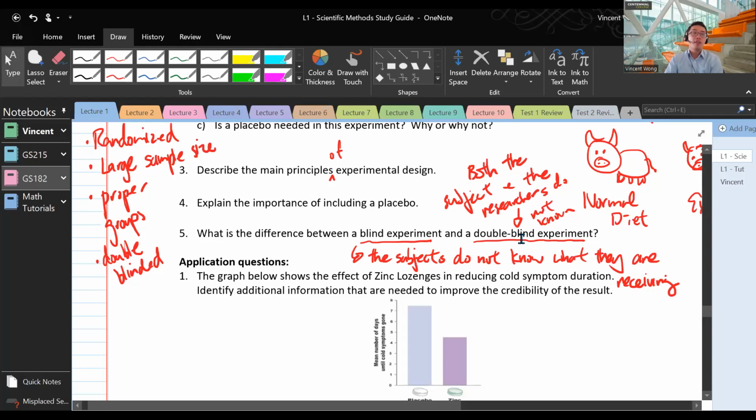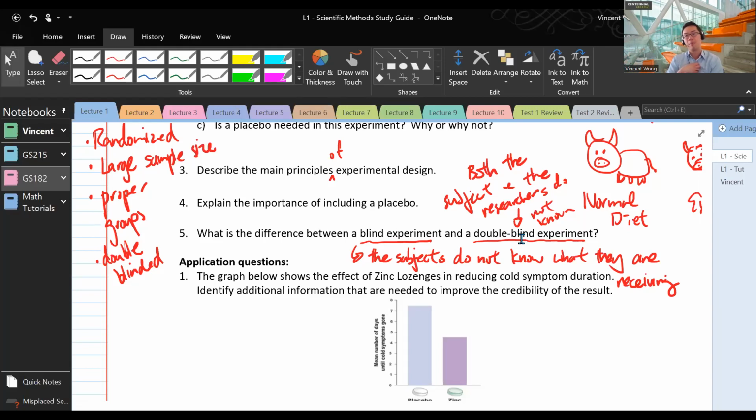And for obvious reasons, you want to minimize bias. If I am the company and I've invested all this money in making this vaccine, I naturally want it to work, so maybe I have a conflict of interest there. If I don't do a double-blind experiment, people would be skeptical of the results being released. Even with double-blind, like it is right now, a lot of people are still skeptical.